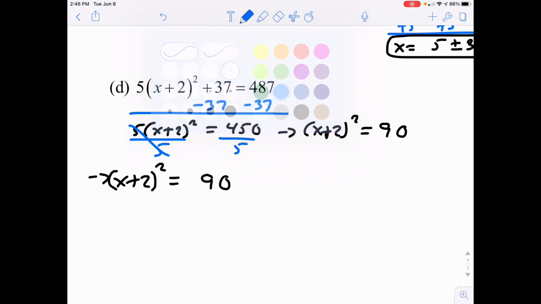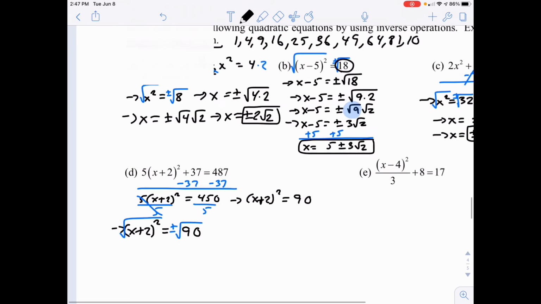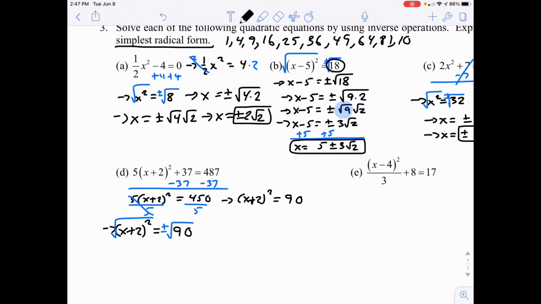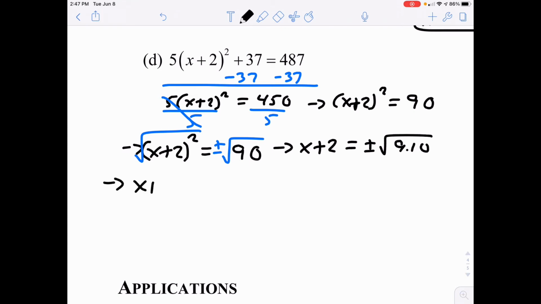Now I'm going to square root both sides. X plus 2 equals plus or minus the square root of 90. The largest perfect square that divides into 90 would be 9. So I would rewrite this as x plus 2 is equal to plus or minus the square root of 9 times 10, which is the square root of 9 times the square root of 10.